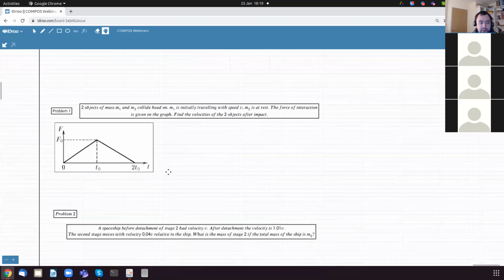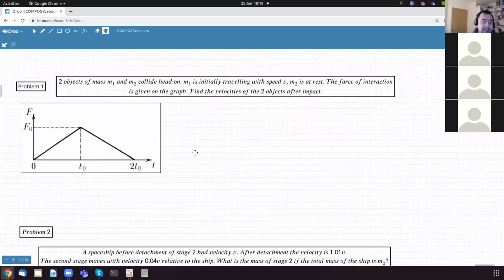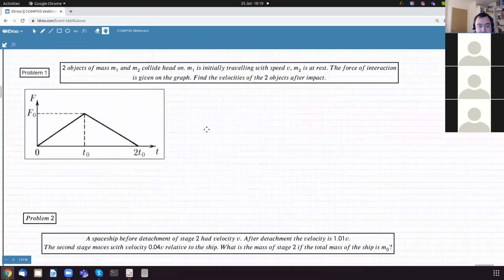Okay, moving on. The first problem is about that. Two objects of mass m1 and m2 collide head-on. Okay, so a diagram: m1 and m2.